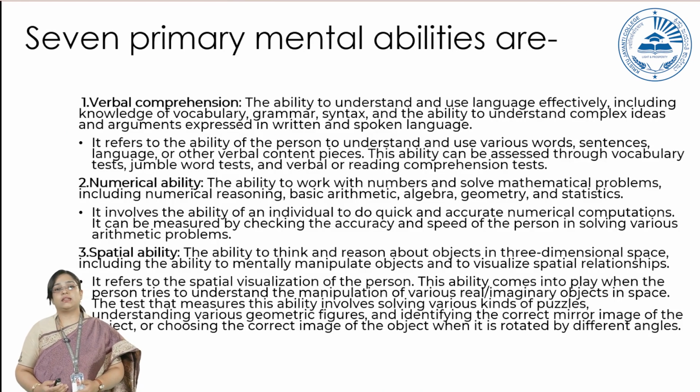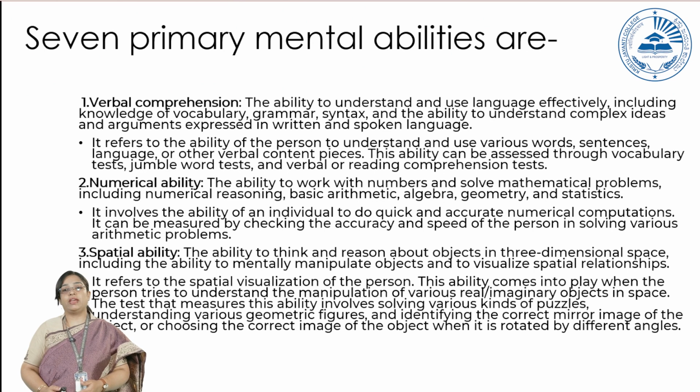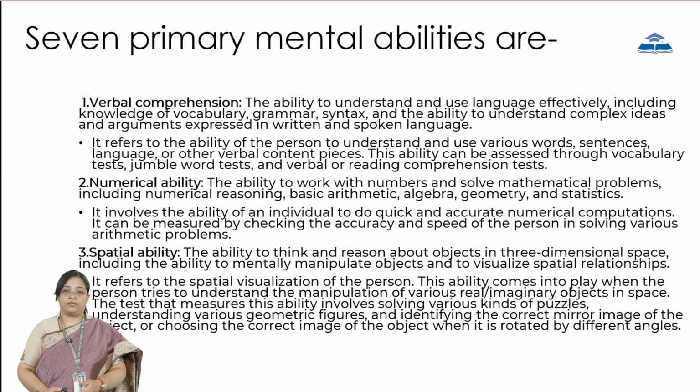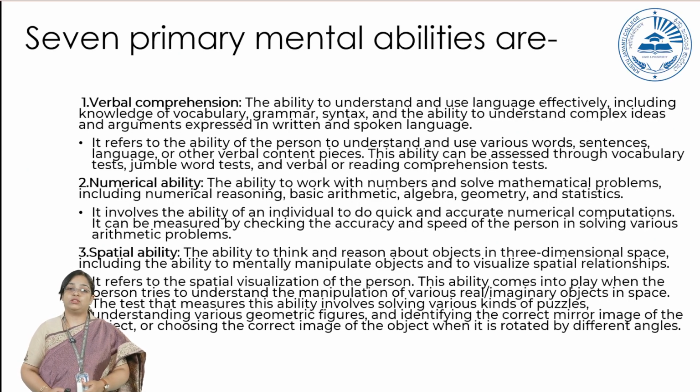The tests that measure this ability involve solving various kinds of puzzles, understanding various geometric figures, and identifying the correct mirror image of objects or choosing the correct image of the object when it is rotated by different angles.